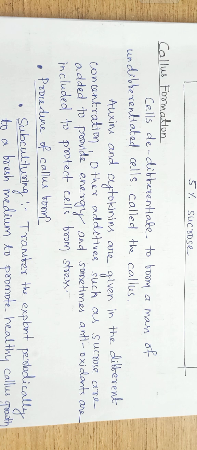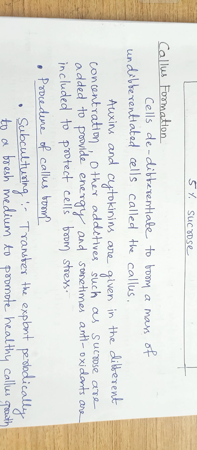For example, the explant of a leaf part is a small part, a specialized leaf cell. But when we culture it in the medium, it will de-differentiate. That means it will become a generalized cell, functioning as a cell only, not a leaf cell.